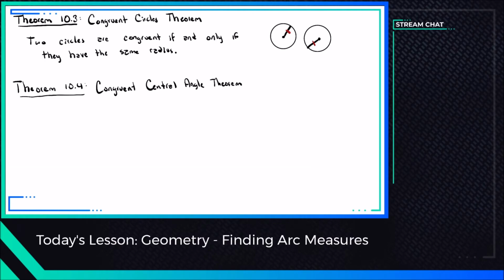And the congruent central angle theorem states the following: two minor arcs are congruent if and only if their corresponding central angles are also congruent.